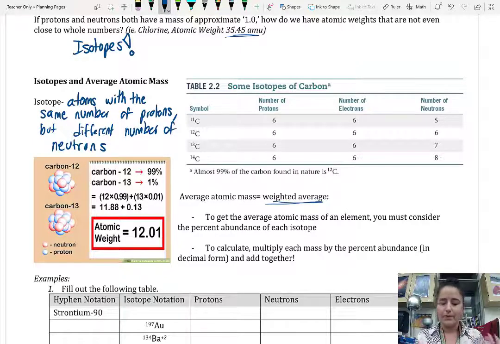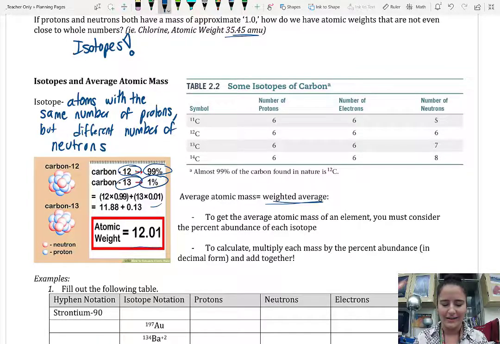So, for example, in that carbon 12 one, if 99% of the carbon in the sample was carbon 12 and only 1% was carbon 13, we would multiply the percentages by the mass and then add them together to get our atomic weight. This is super similar to when you're in class and your teacher has different categories at different weights in your grade.